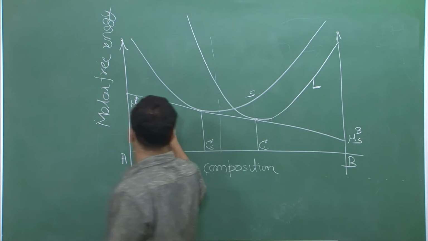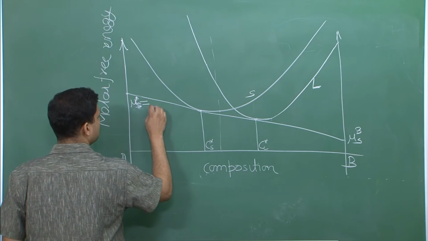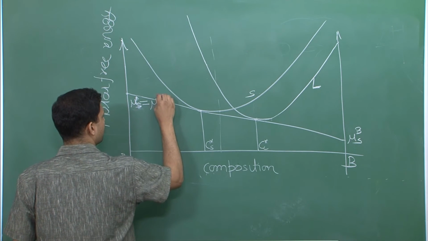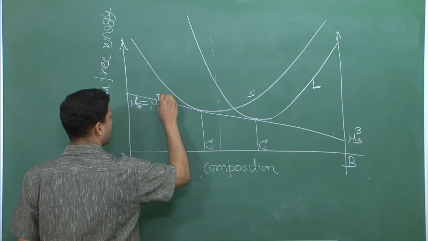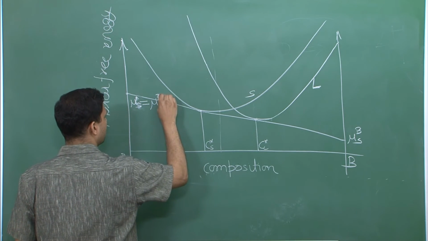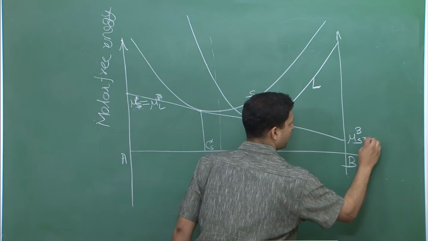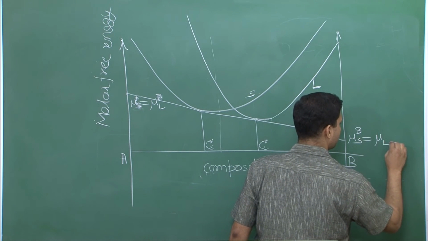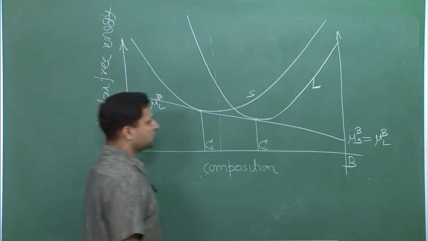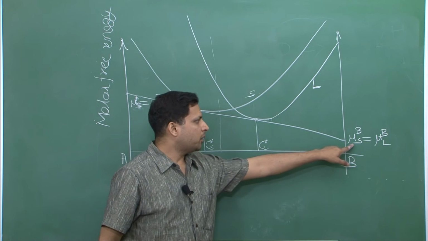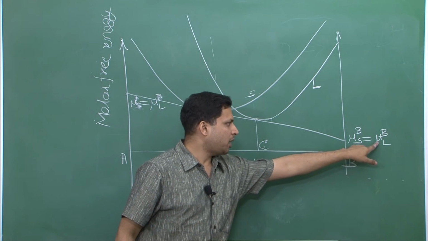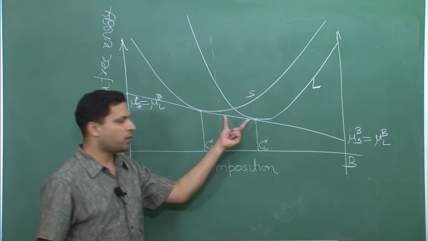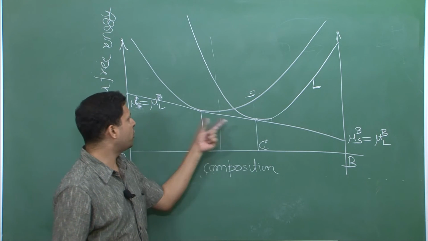Similarly, the chemical potential of B in solid is the same as the chemical potential of B in liquid, and that is why they are existing together, they can coexist.